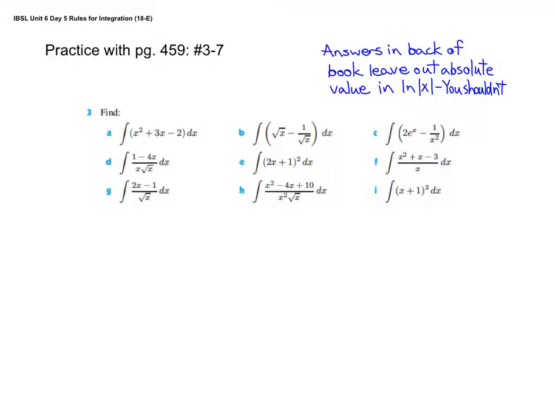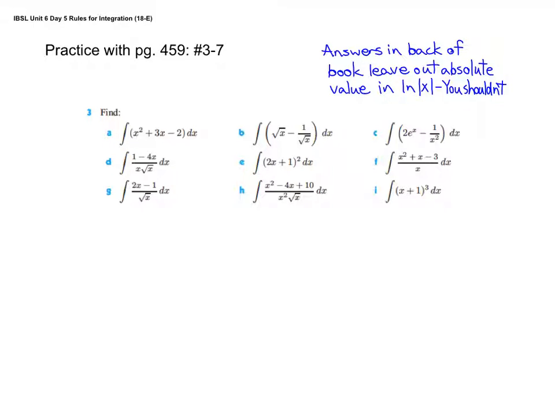Now, one thing I want to make a comment about: the answers in the back of your book, when you're doing practice problems, when you have that 1 over x part, the answers in the back of the book for some reason always leave out the absolute value of x. Don't.